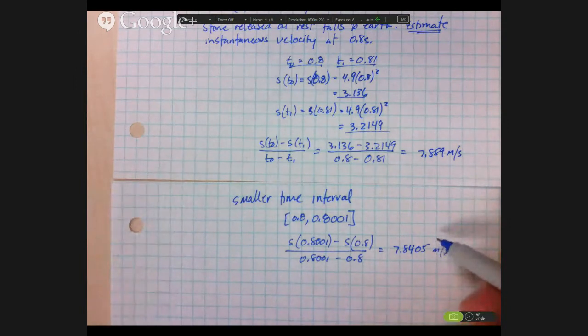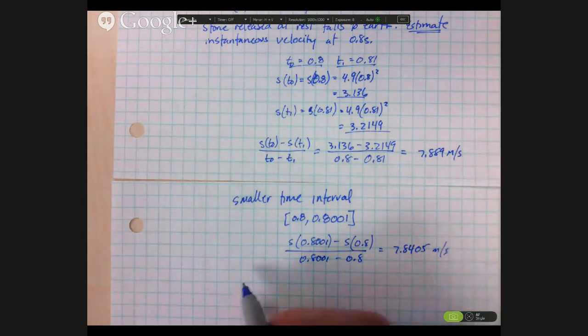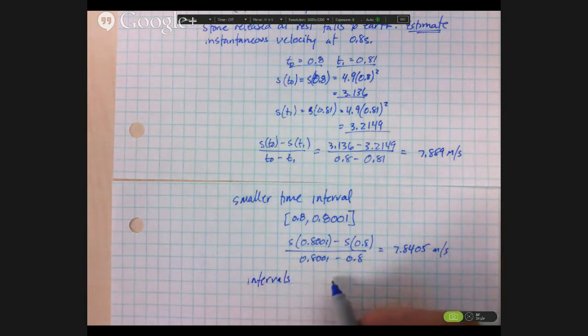What we have here is, let me just make a small table to illustrate this for you. So we had 0.8 and 0.81.